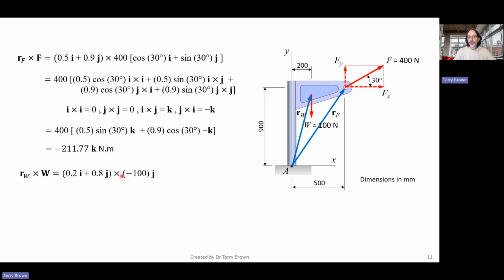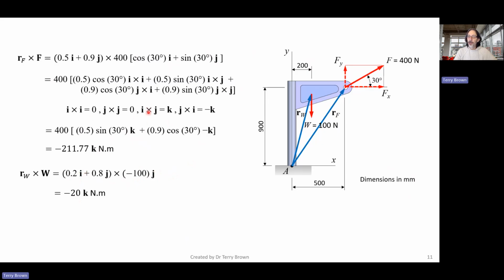All right, so if we now do the cross product for the position vector to the weight vector, so we had 0.2 I plus 0.8 J times minus 100 J. All right, if we multiply that through, 0.2 I times minus 100 J, so 0.2 times minus 100 is minus 20, I cross J, right?